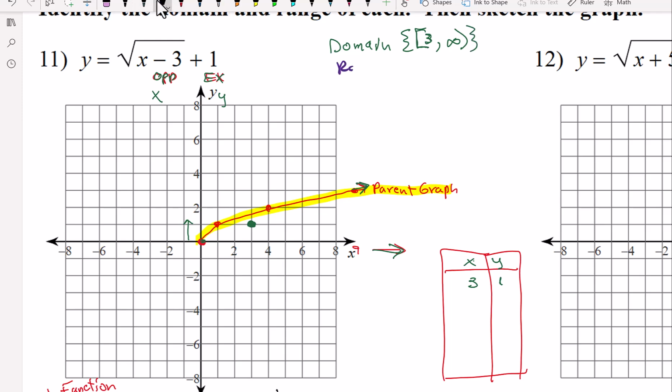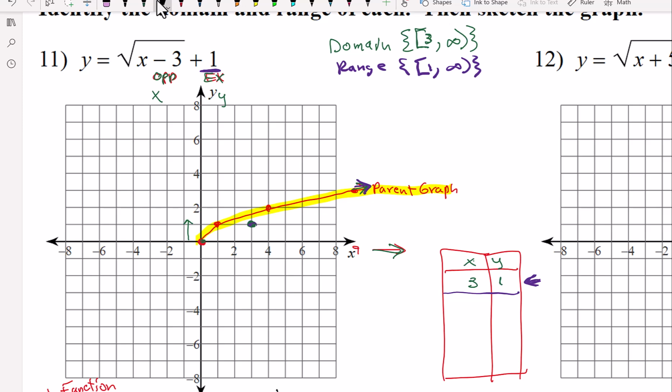For the range, instead of starting at 0, the lowest point is going to be that positive 1. And while it's going to the right, it's still going up. So that's how you find the domain and range. You can look at the first x and y values in the table, and that tells you what the domain and range will be.